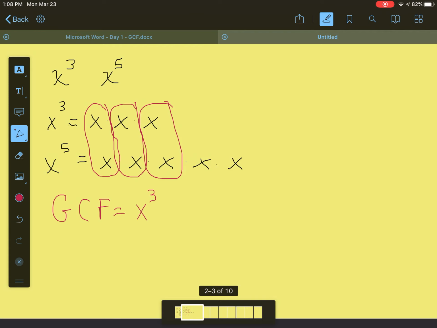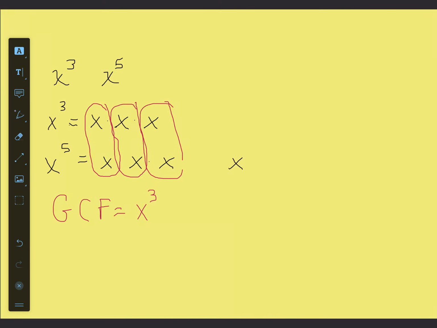The way you can remember this is that whenever you're dealing with variables, the GCF is always going to be the lowest exponent. Let me erase this a little bit. Clearly I'm not erasing correctly. Hang on one second.